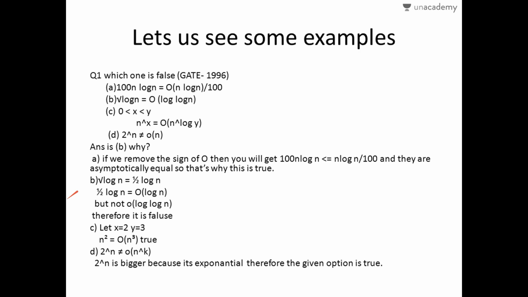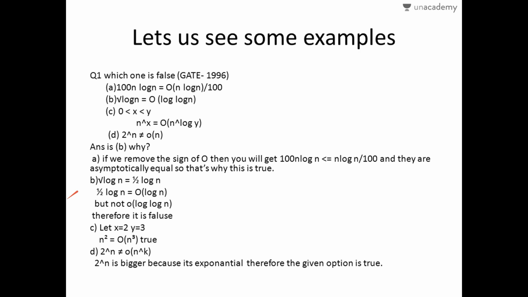But obviously the value of log n is greater than half log n. Right? Because you can prove it by yourself by putting n equals to 2, then you can compare the two functions and you will find that log n value will be greater than half log n for any value of n.